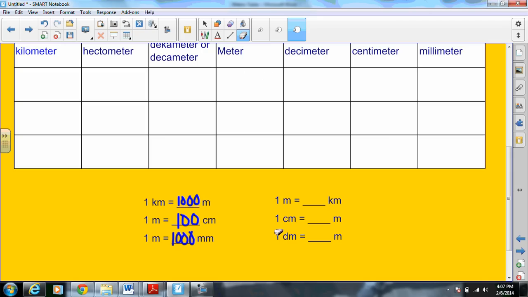So this says 1 meter is how many kilometers. So if I take my table and I put 1 at the meters and I want to go this way, my numbers are going to get smaller. So I'm going to fill in with zeros.